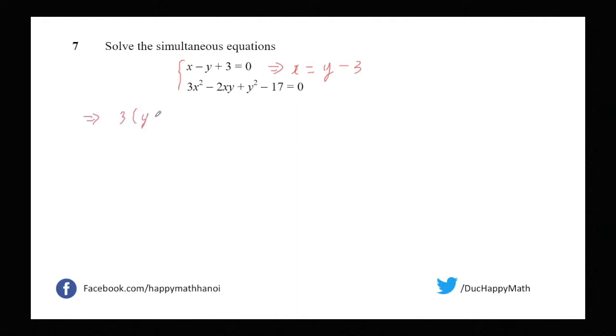It means 3 times (y minus 3) squared minus 2(y minus 3)y plus y squared minus 17 equals 0.